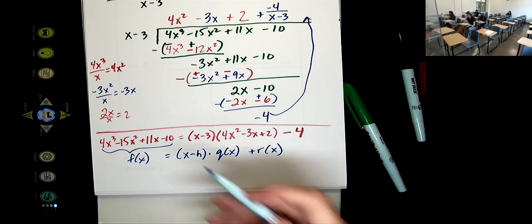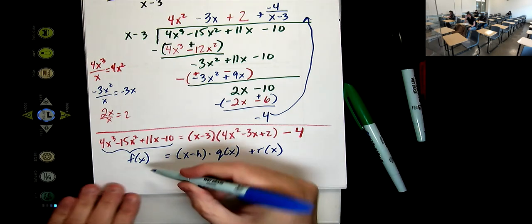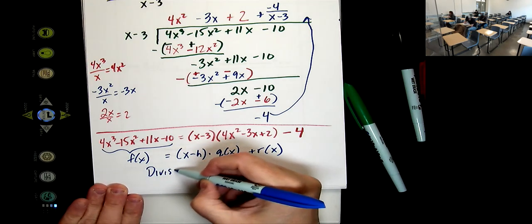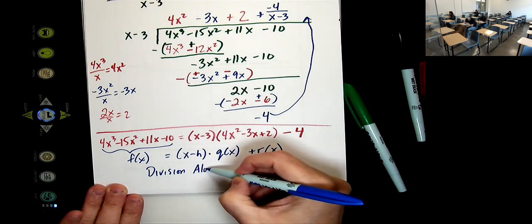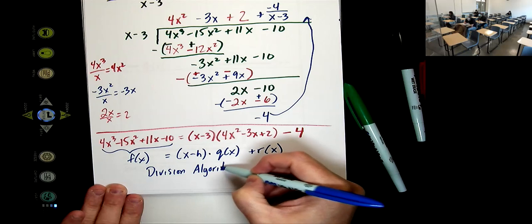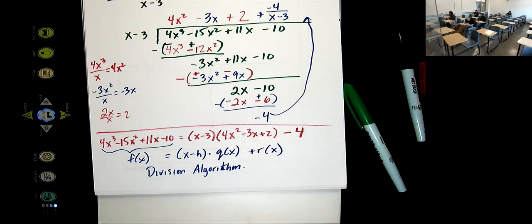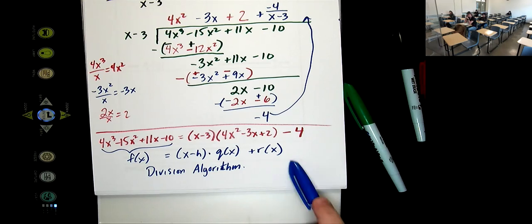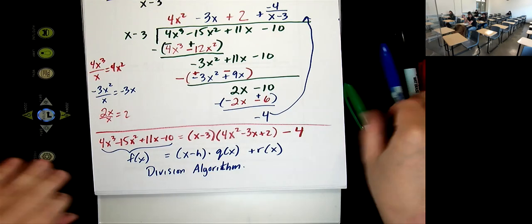This is called the division algorithm, if you want to know a name for it. But using it as it is like that isn't all that helpful. But it does have some interesting properties when the remainder is 0, which is where we're heading.